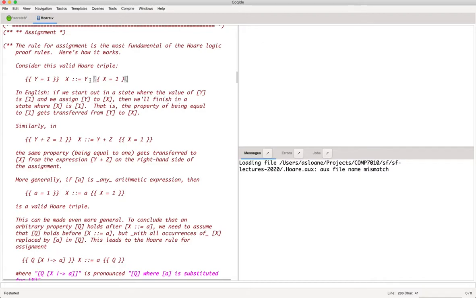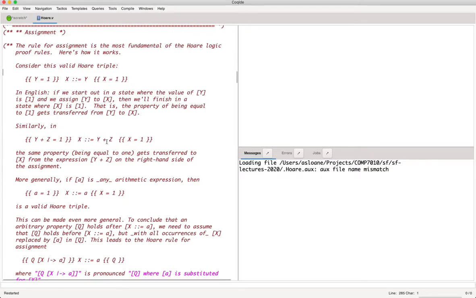So if we're assigning y to x and we know that y is 1 beforehand, then we definitely know that x is 1 afterwards. Okay, so this is an instance of assignment that we would want to have, but that's not the only instance, right?